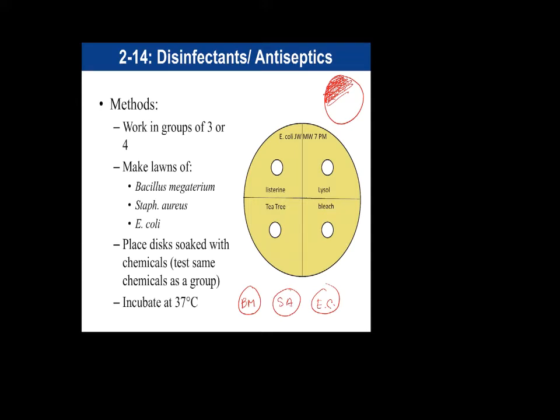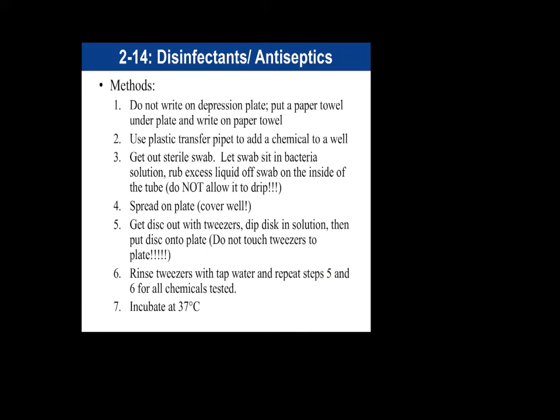Now, why did we choose each one of these species? Well, E. coli, what type of a gram reaction does E. coli have? What type of a gram reaction does Staph aureus have? And then Bacillus, why might that be important? And we'll discuss that as we go over the results today.